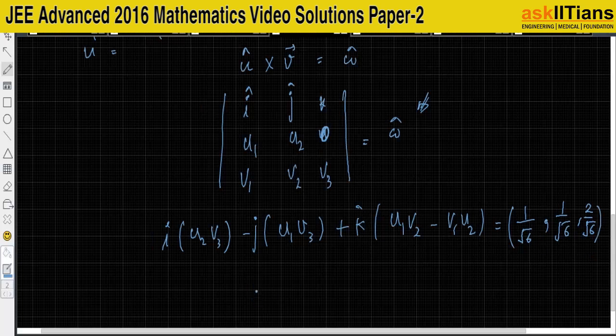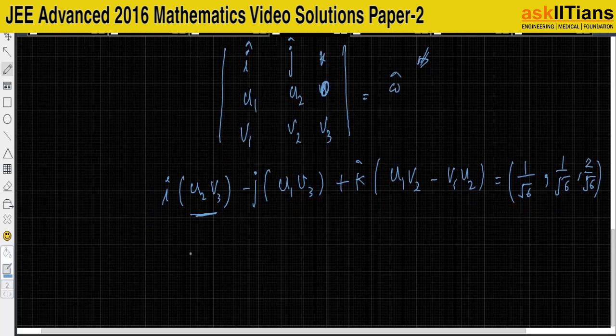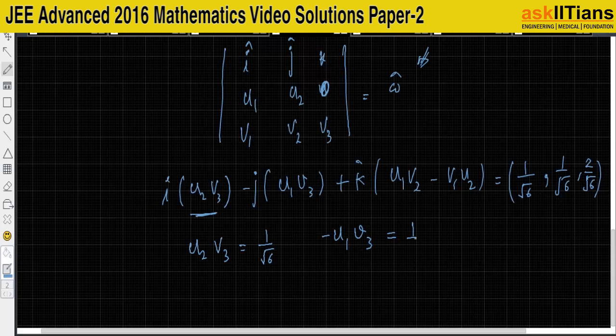So comparing, u2 into v3 is equal to 1 by root 6, and also minus u1 into v3 is also equal to 1 by root 6. Now if I divide these two equations, v3 will get cancelled, so I get u2 by minus u1 equal to 1, so u2 is equal to minus u1, right?